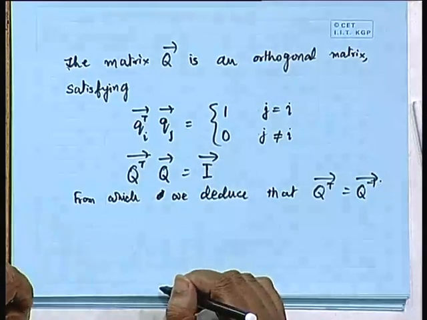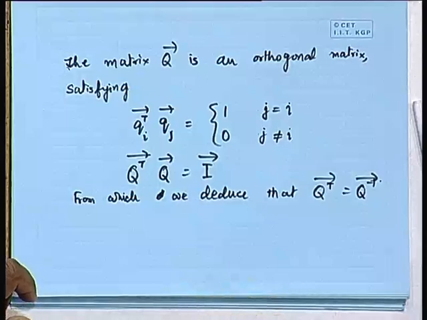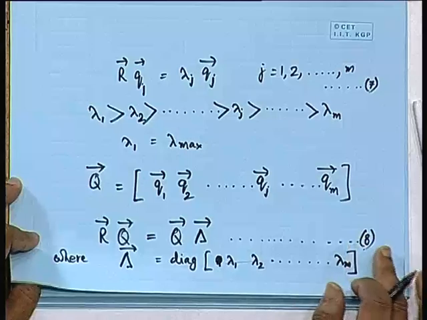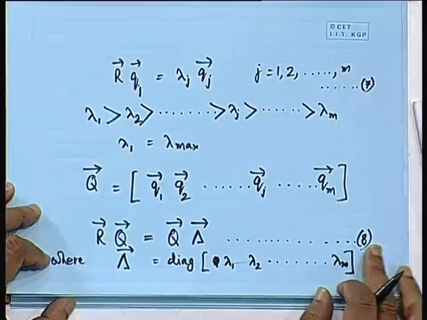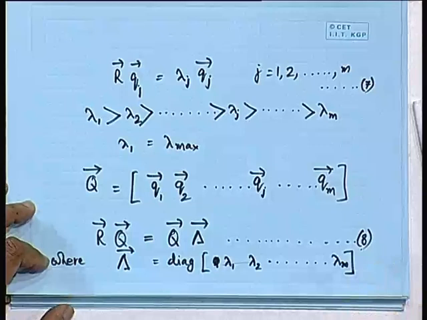Now, the equation number 8 that we had obtained, look very carefully. If we now pre-multiply both the left hand side and the right hand side by Q transpose, then what results on the left hand side? Q transpose R Q. And on the right hand side? Q transpose Q lambda, and Q transpose Q is equal to the identity matrix.